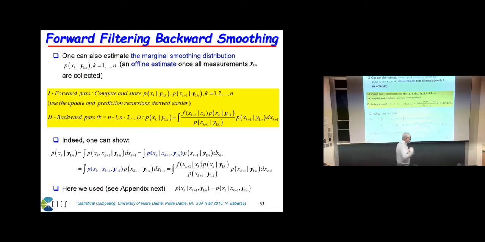The idea is, if you collect all the data, what's the best you can say about x_k? That distribution is called the smoothing distribution. If you observe everything, then you can come back and say, now can you tell me what x_k is? Obviously this will give you a more smooth distribution than the one where you only use data up to time k.